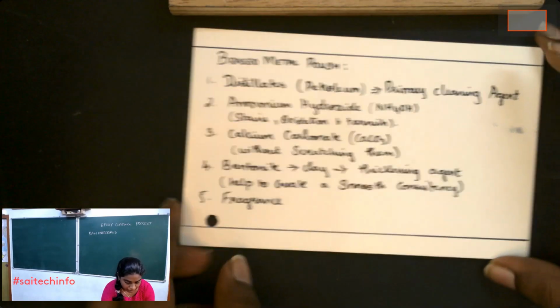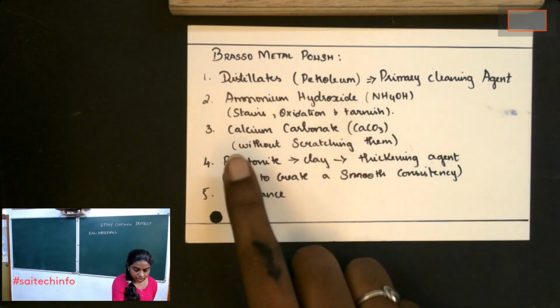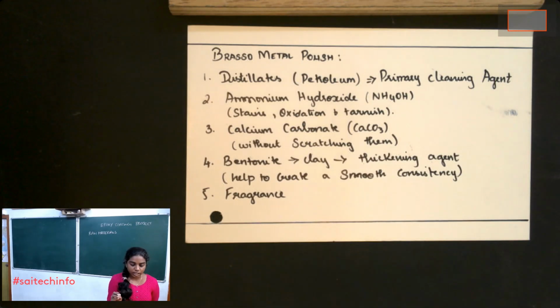The composition in Brasso metal polish is distillates, which is the primary cleansing agent. It is obtained from petroleum. The basic thing in a distillate is that it will remove the dirt and some surface contaminants from the surface of the metals.